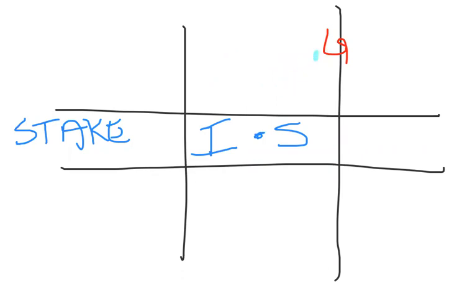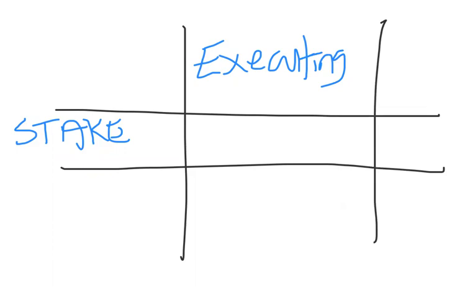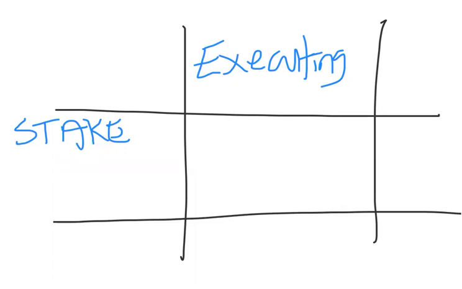The next one, I'm curious to know if you are aware of what happens when stakeholder and executing intersect. What do you get when stakeholder and executing intersect? 5, 4, 3, 2, and 1.